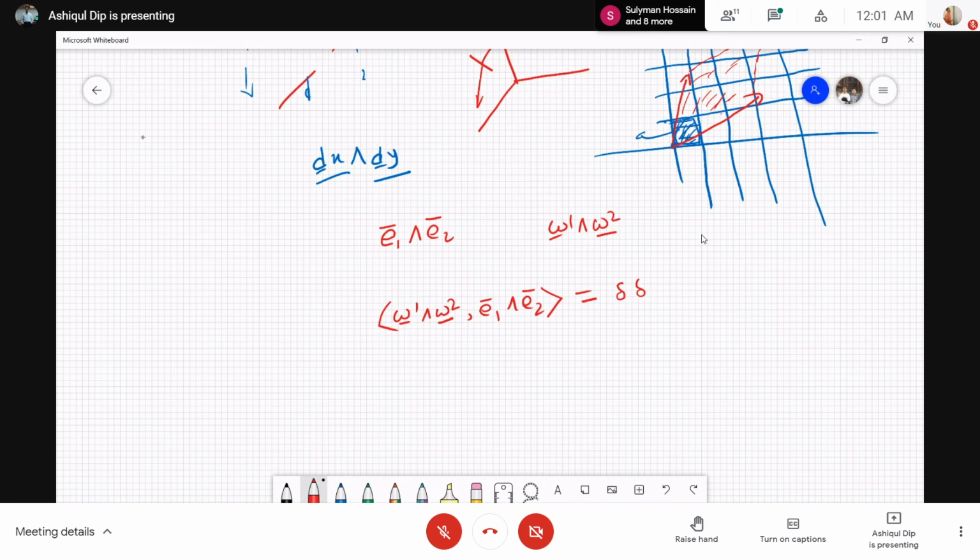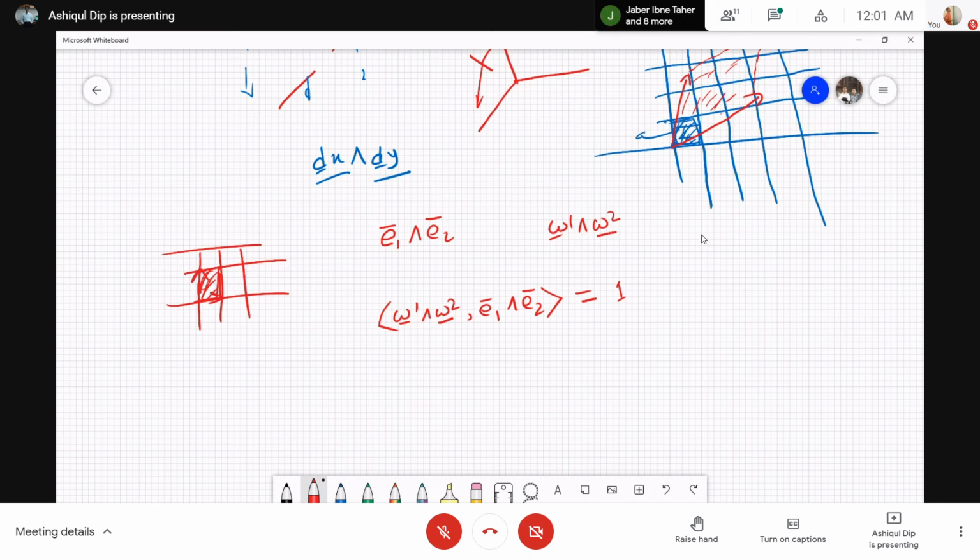Okay, for this particular example, it's just 1, right? Because I have taken omega 1 wedge omega 2 and e1 wedge e2. So omega 1 wedge omega 2 is probably like this, and e1 wedge e2 is like that. This is e1 and this is e2. So the represented area is just 1. It creates a unit box.